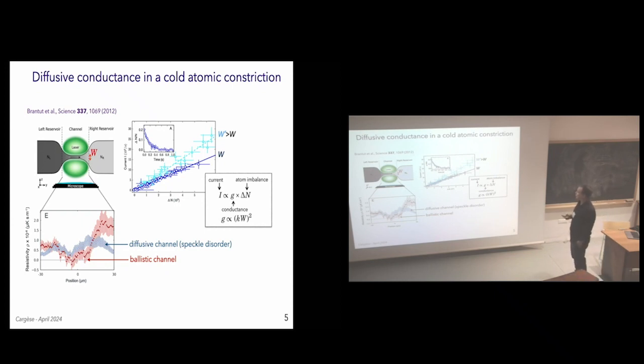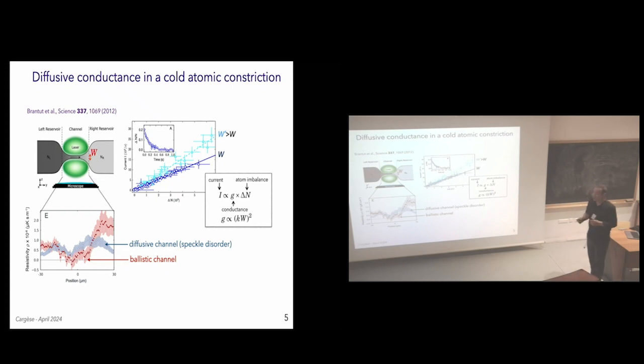It was carried out in the group of Tilman Esslinger in Zurich already 12 years ago. And this experiment was actually designed to quantum simulate an experiment of mesoscopic physics with electrons, but with atoms here instead of electrons.